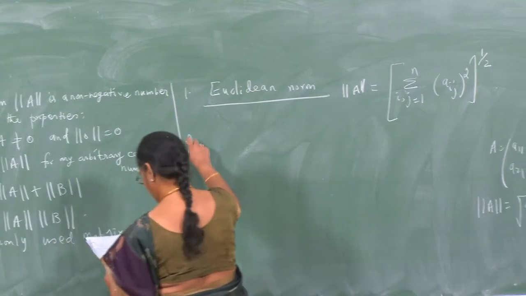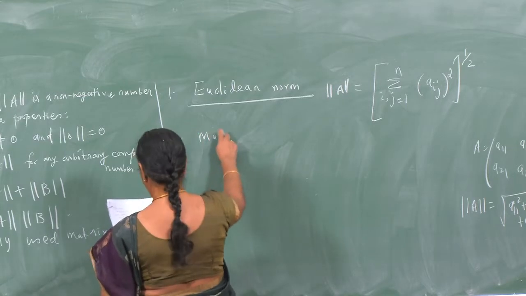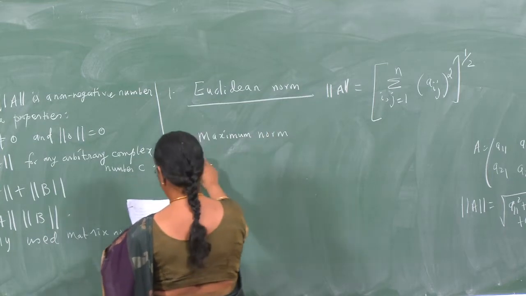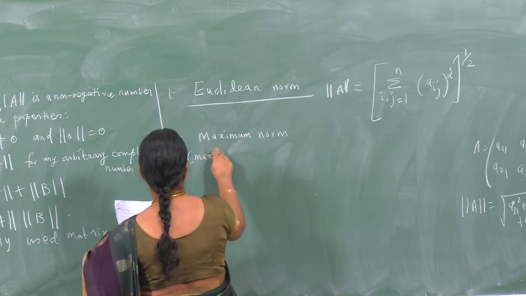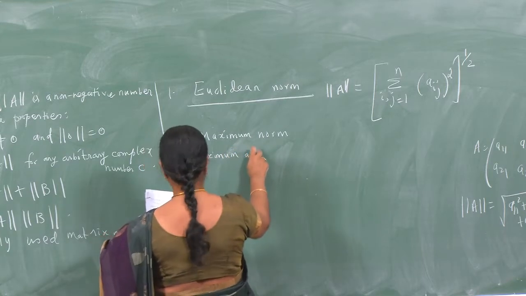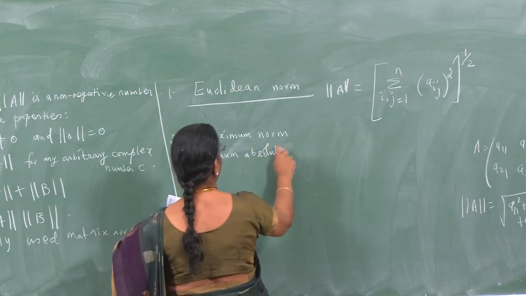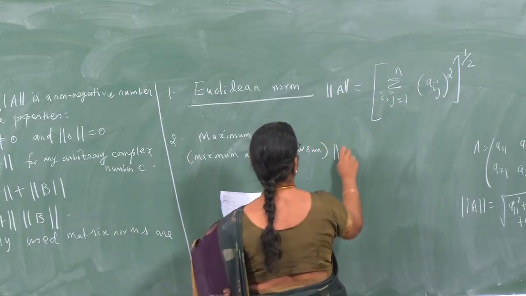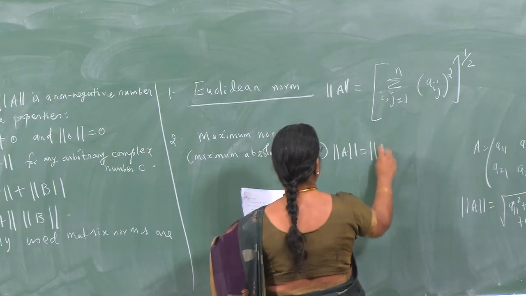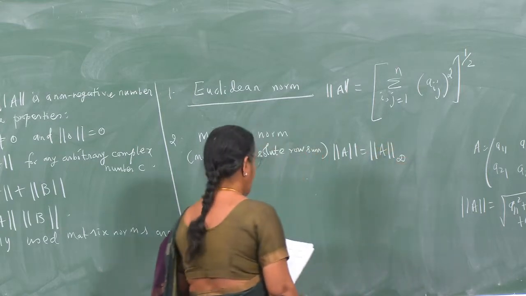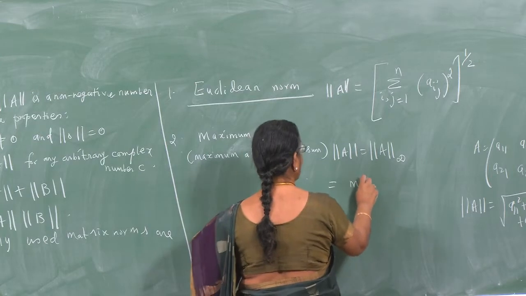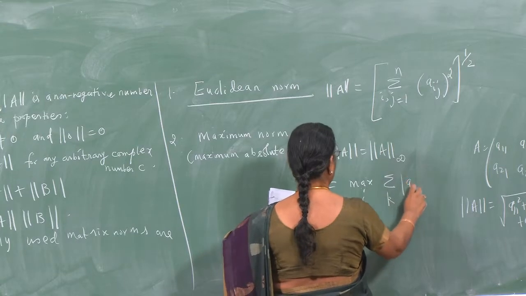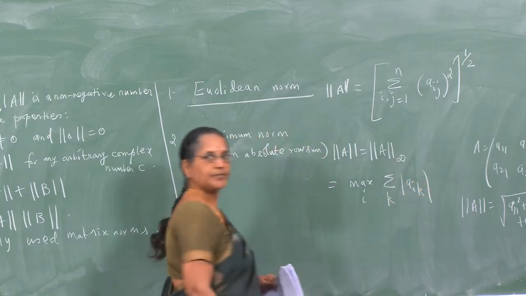Now, secondly, the maximum norm is very often used. What is it? It is the maximum absolute row sum, and it is defined as follows, and that is equal to maximum over i of sigma over k modulus of a_ik.